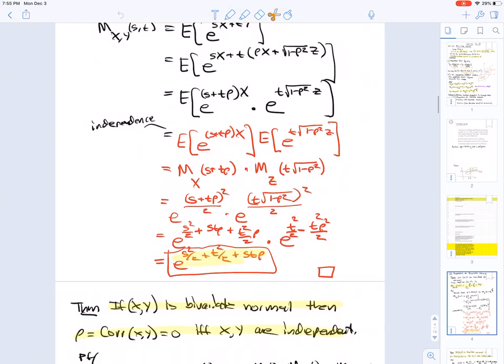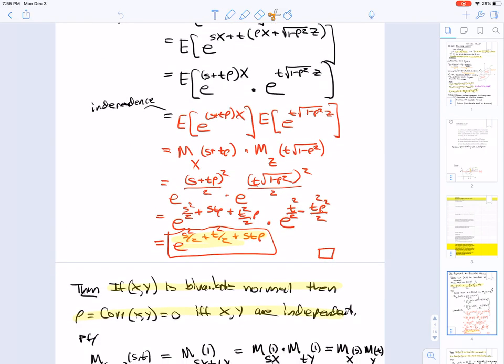These are moment generating functions for X and Z at different constants, and we can write down what that moment generating function is, and lo and behold, we get out the moment generating function that we're supposed to. So that's a very nice result.